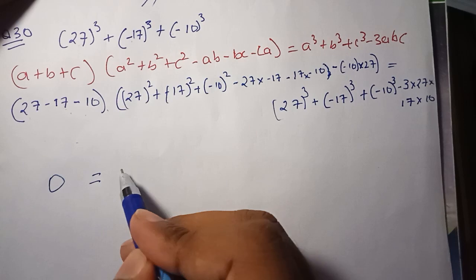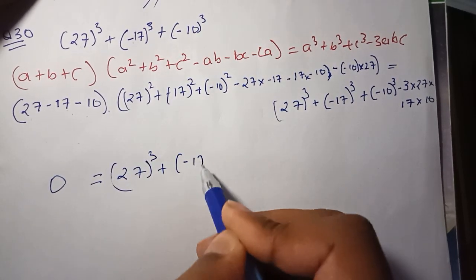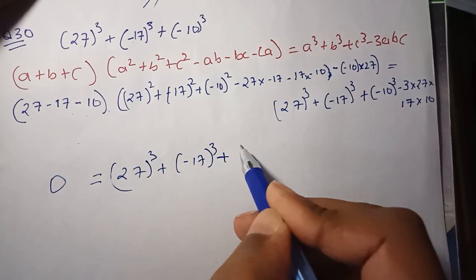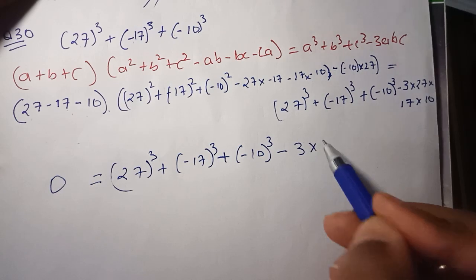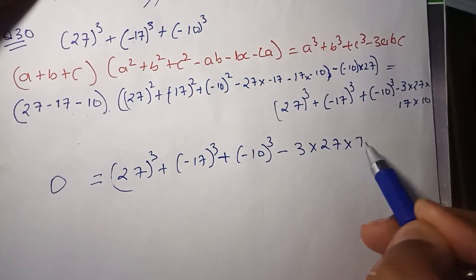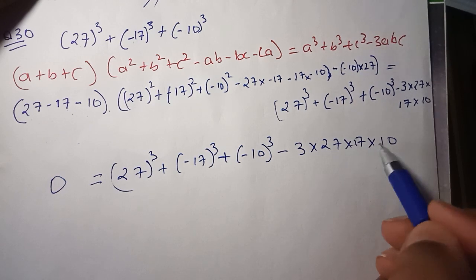So what is left with me over here? 27 whole cube plus minus 17 whole cube plus minus 10 whole cube. And when I multiply 3 into 27 into 17 into 10, this is negative, this is negative.